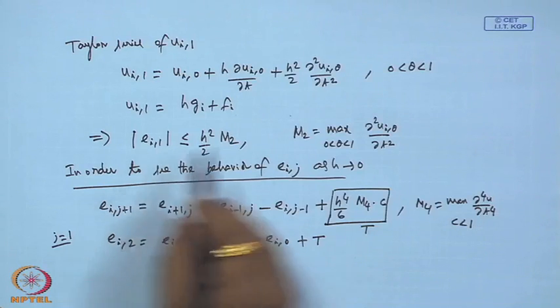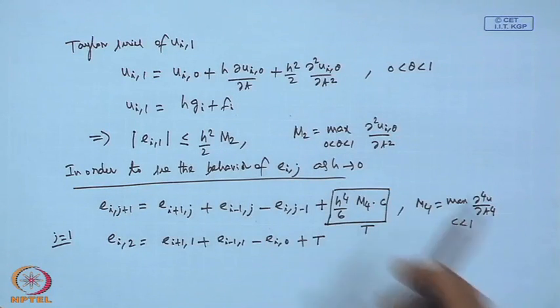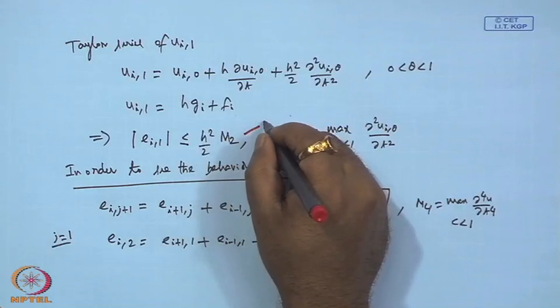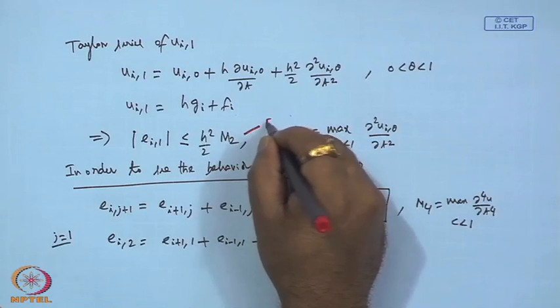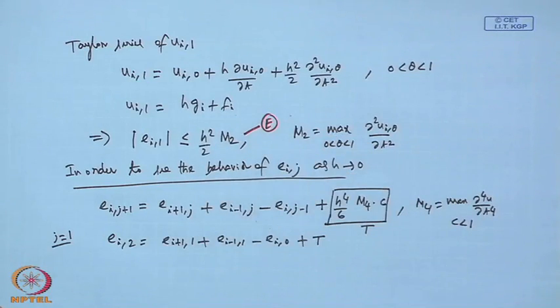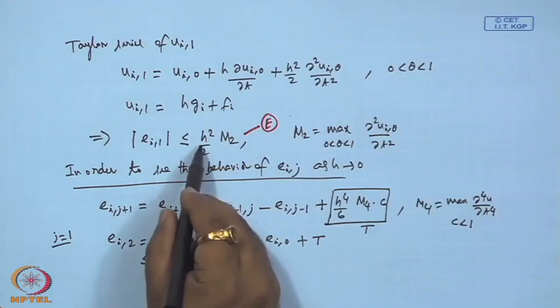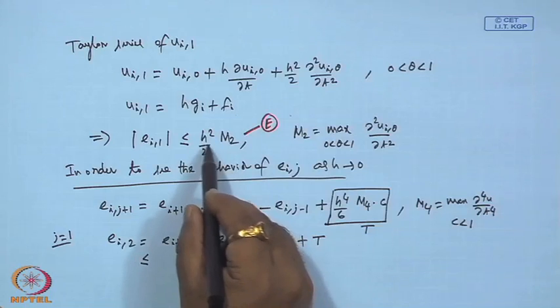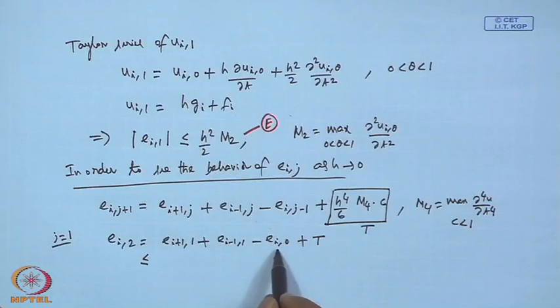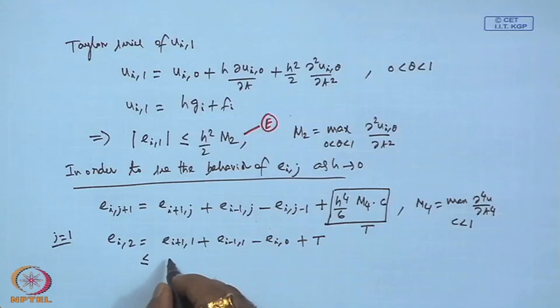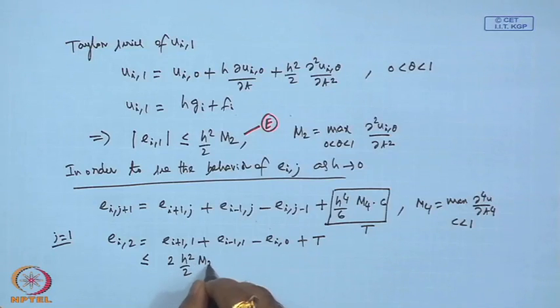However, using the estimate, this can be made. So, this is one term from here and a similar estimate from here, and this is 0 because at t equal to 0, j equal to 0. So, we get 2 times h square by 2. So, this is a rough idea.